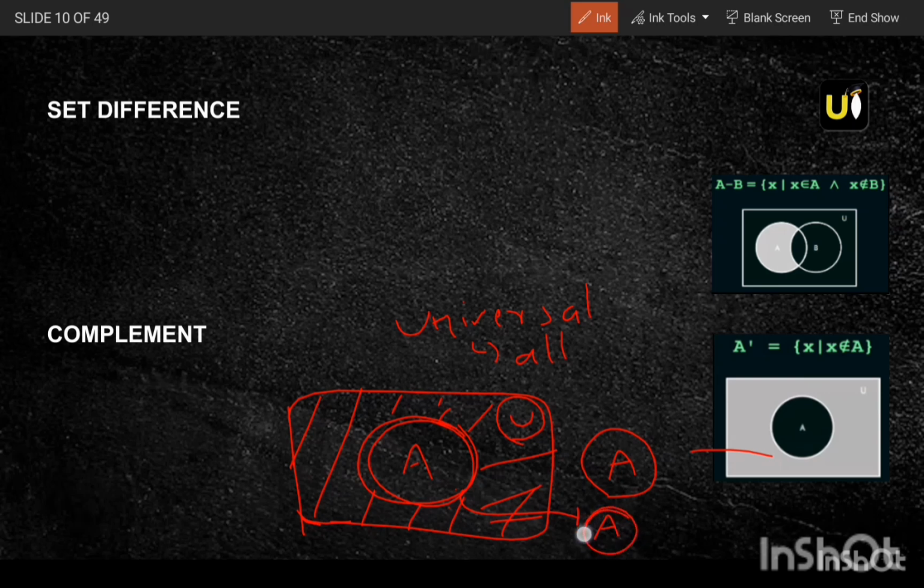For example, here we have set A. Let us consider A is {1, 3, 5}. Now the complement of this set will be the set containing all the elements except 1, 3 and 5. That is considered to be the complement of A. That can be represented as the set of elements that do not belong to set A.